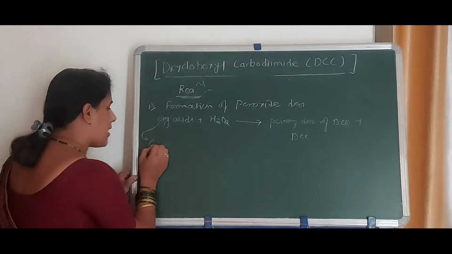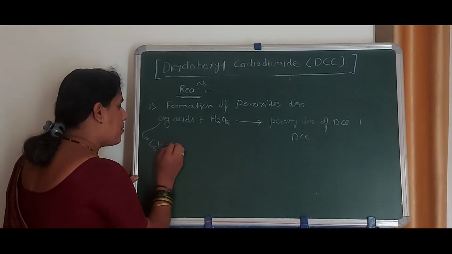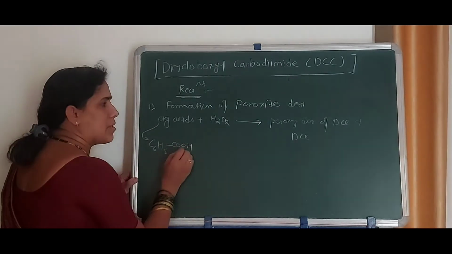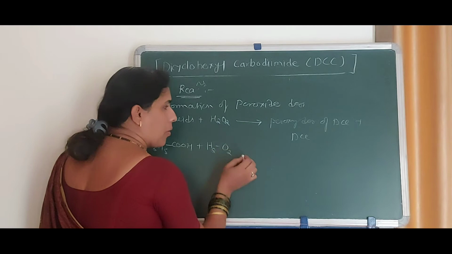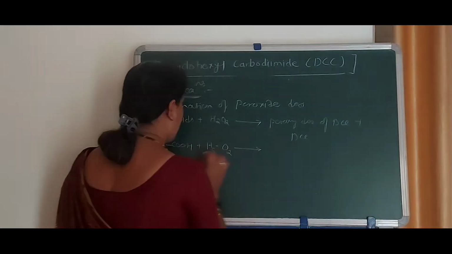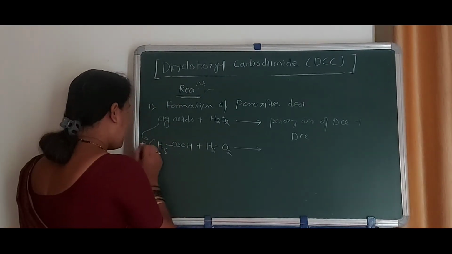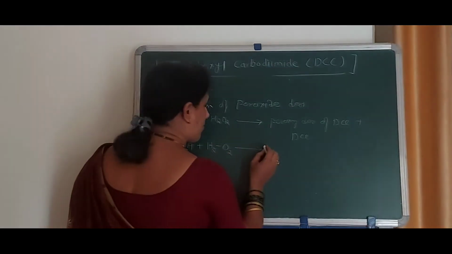Organic acids such as C6H5COOH, benzoic acid, plus H2O2. Here we have taken 2 moles of benzoic acid with H2O2.